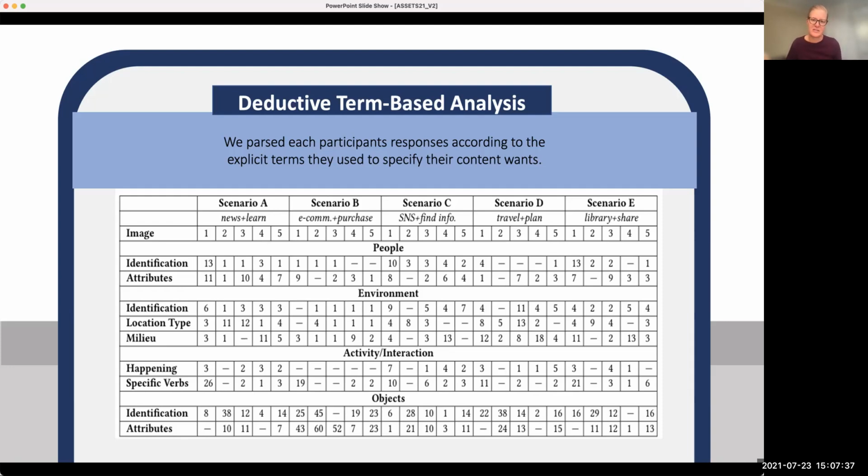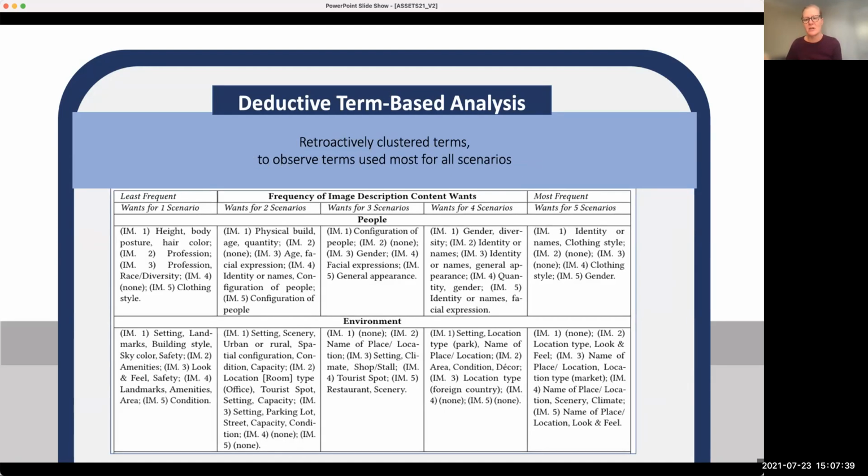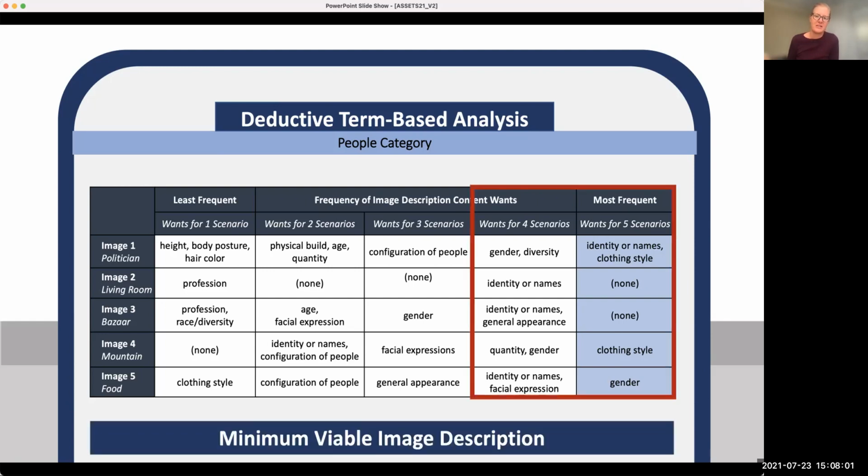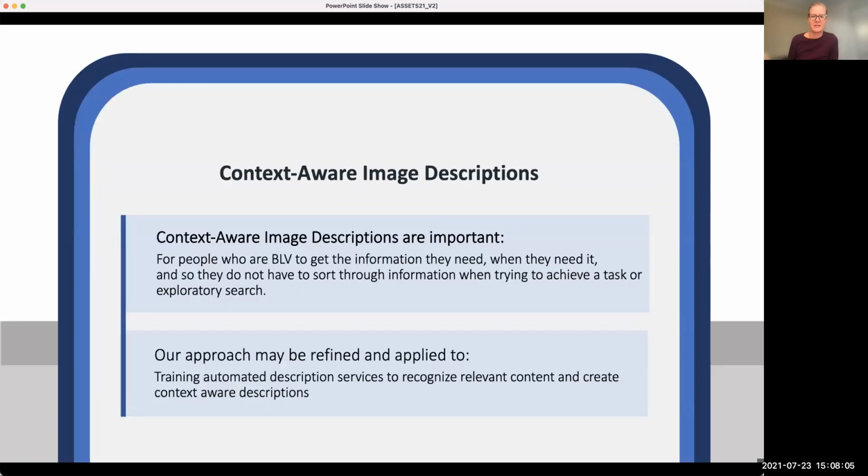This doesn't really show us that much, but when we sort the responses according to how many scenarios we heard specific terms requested for a given image, we started to see a trend. Under the category of people, for 5 scenarios, people wanted the name of the person, the clothing style, and the gender of the person described. And so this made us think, we can identify minimal viable image description content.